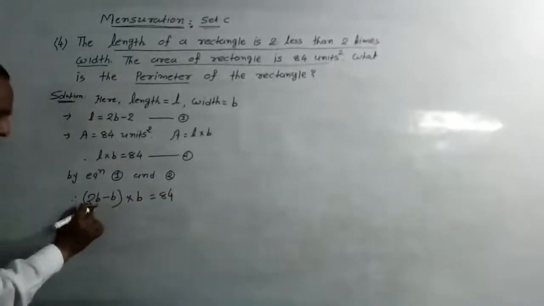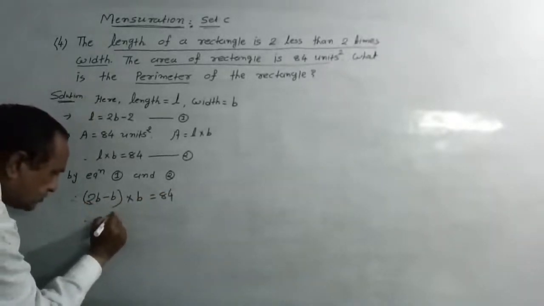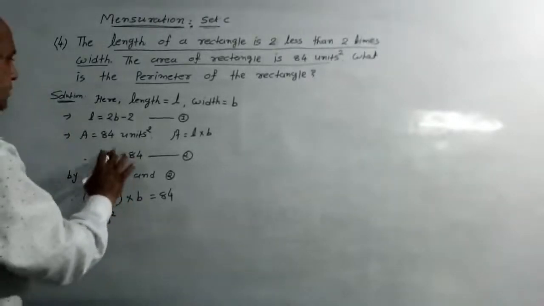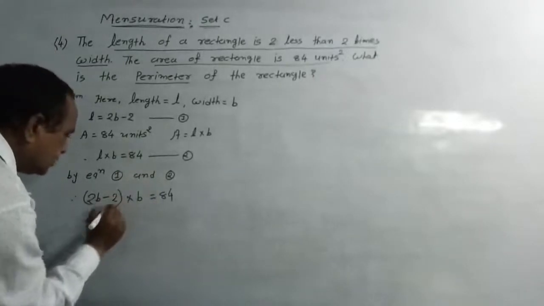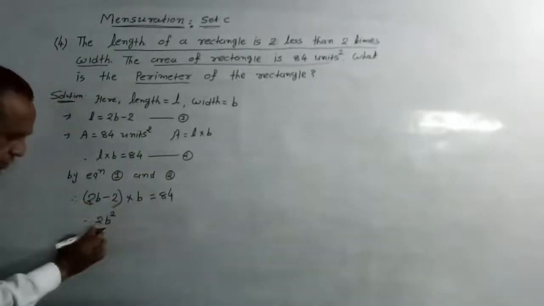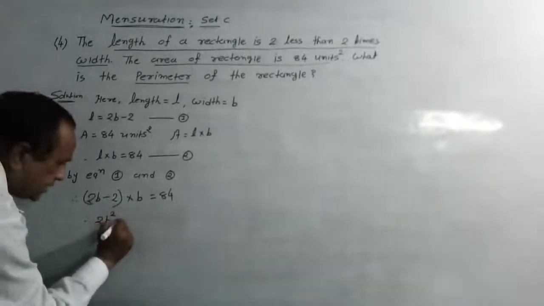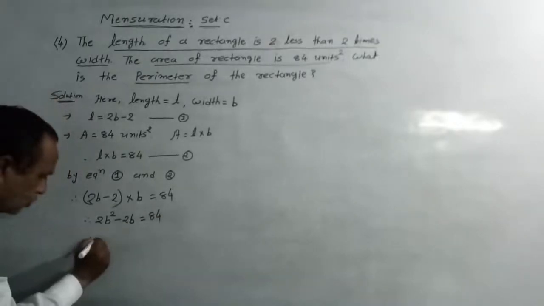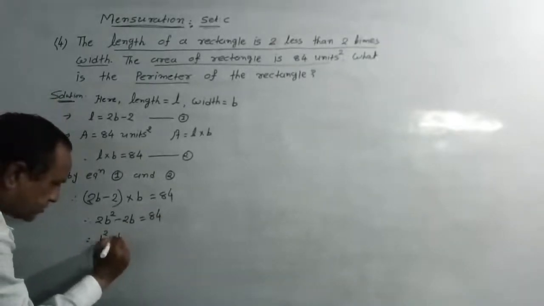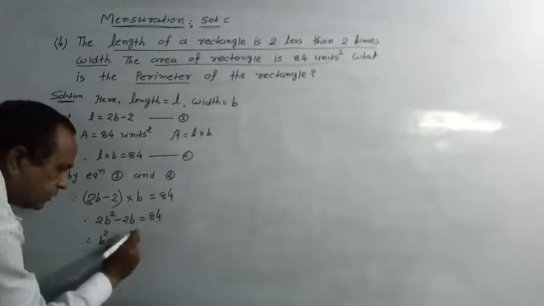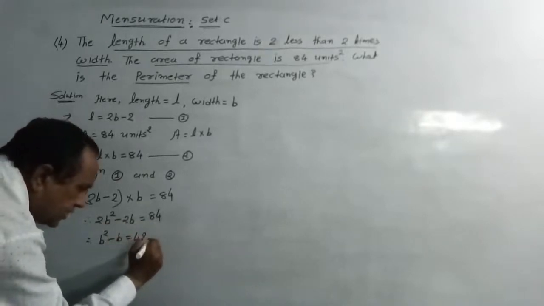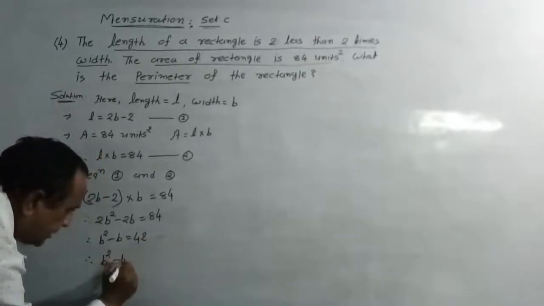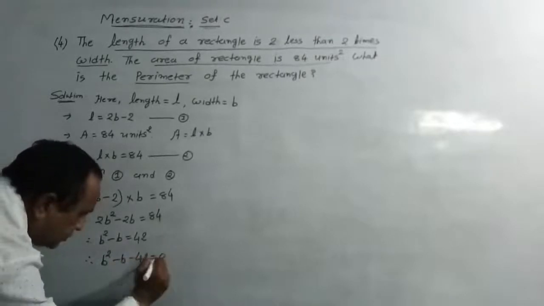Now B multiplied by 2B, that is 2B square, minus 2 multiplied by B, that is 2B, is equal to 84. So 2 is common: B square minus B, and divide 84 by 2, that is 42. So B square minus B minus 42 is equal to 0.